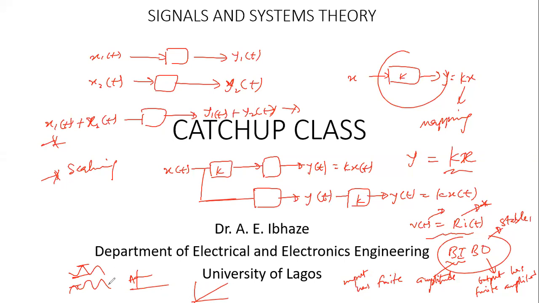So should we feed a system with a bounded input signal, and have a bounded output signal, meaning the output signal after being operated on by the system is also of finite value, we say such a system is stable. Now, what if we feed a system with a bounded input and the output is unbounded?